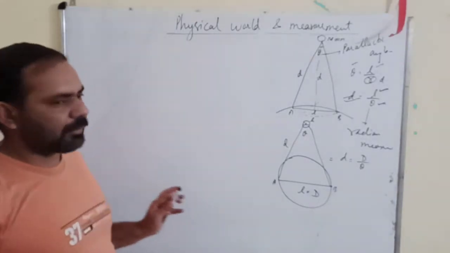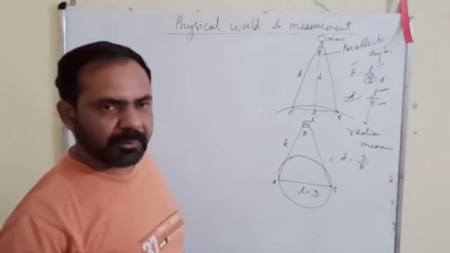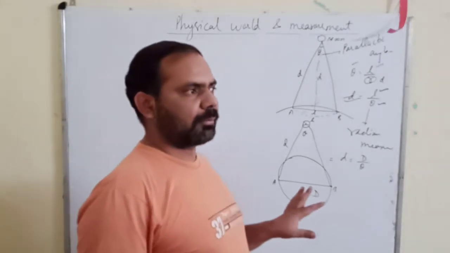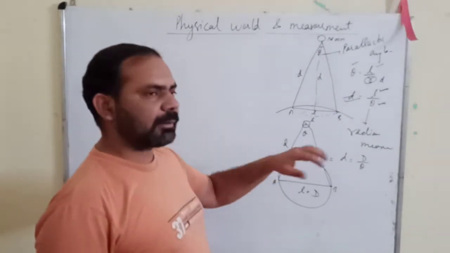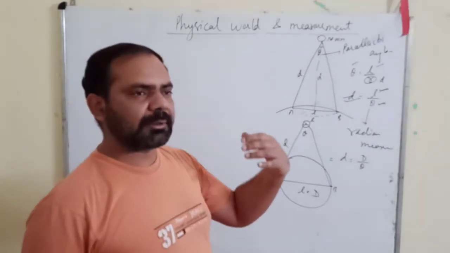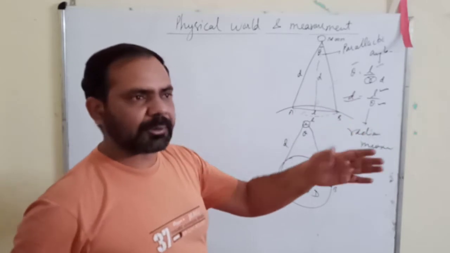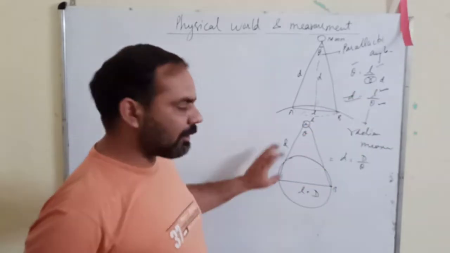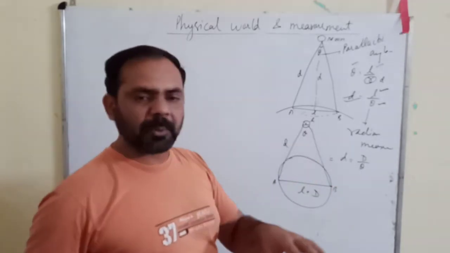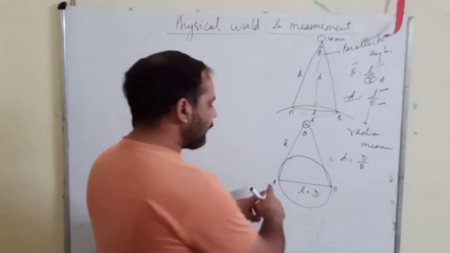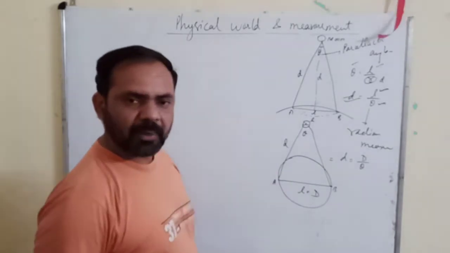Are you getting what I am trying to tell you? Yes, sir. So now it means that suppose we want to measure the distance of more distant objects like Mars or Sun, then even this much length will become so small that your angle will be very small to measure. So we need to increase this length once more.